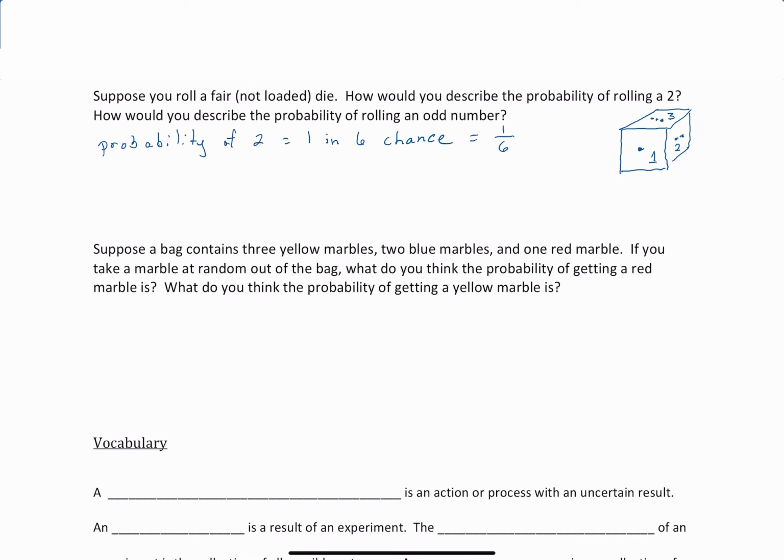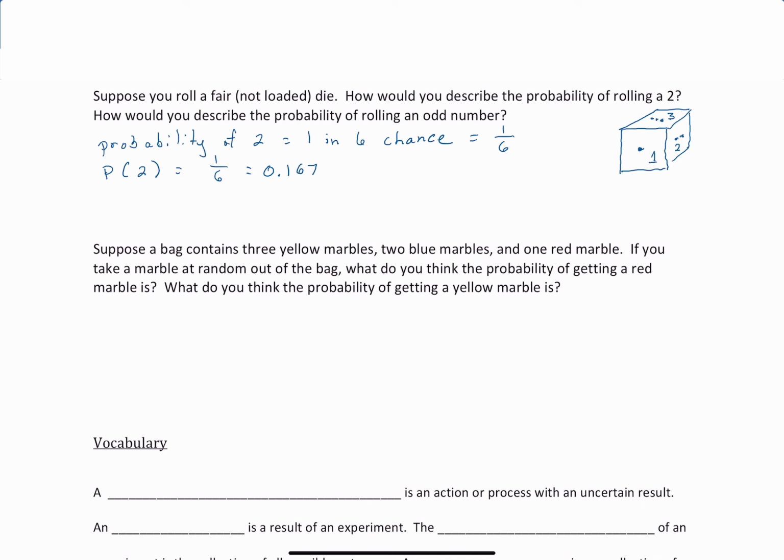In other words, to use that handy notation we just introduced, probability of 2 is 1/6. And of course that can be written in decimal form as well. It's a repeating decimal, so we'll have to round it off. I'm going to round it off to 3 decimal places.